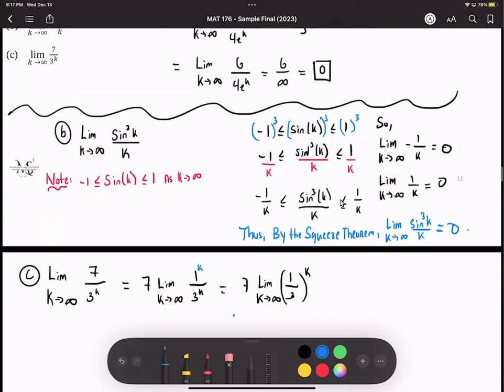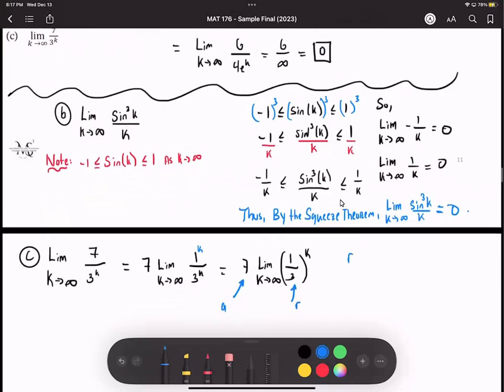You should recognize that the 7 is my a, and 1/3 is my r. If r is equal to 1/3, then what do we know? You use the formula a over 1 minus r. Because r is equal to 1/3, we know that it's geometric and it converges to the sum a over 1 minus r.